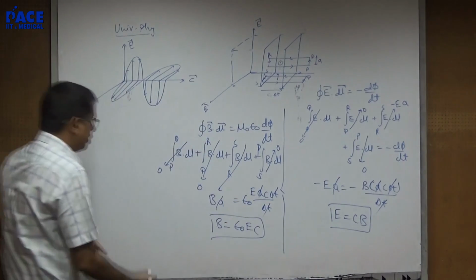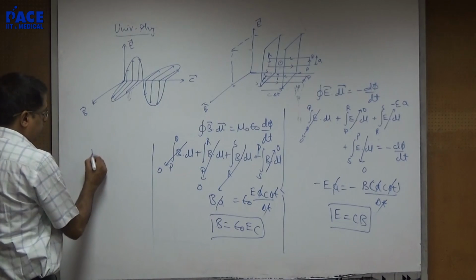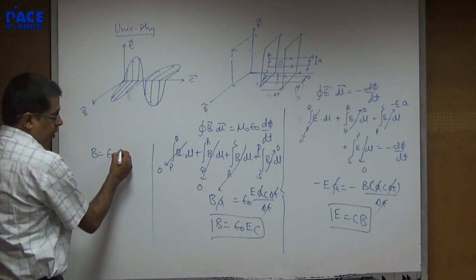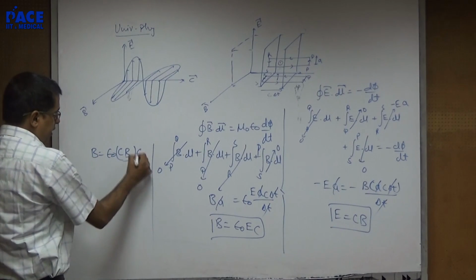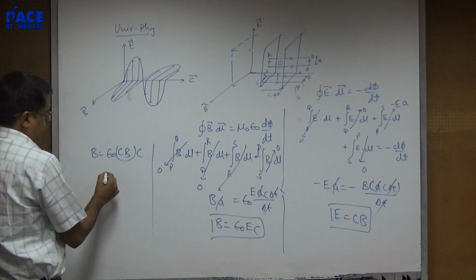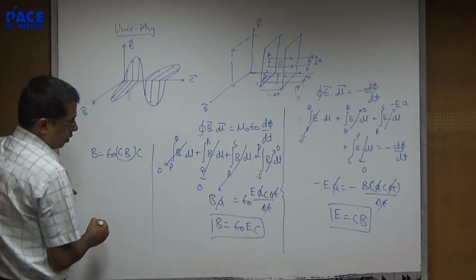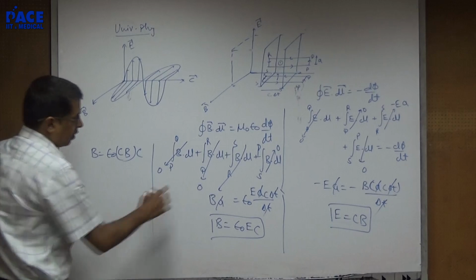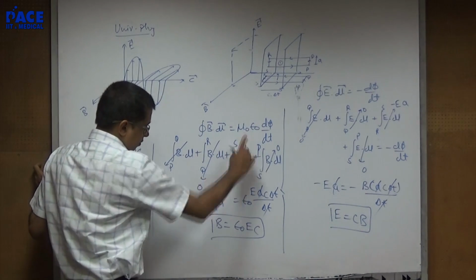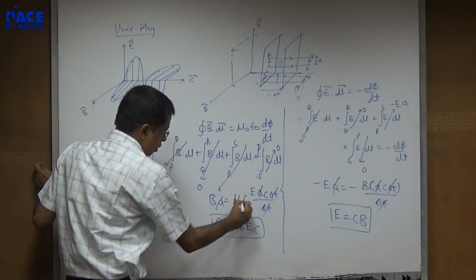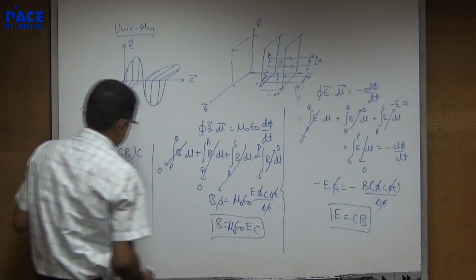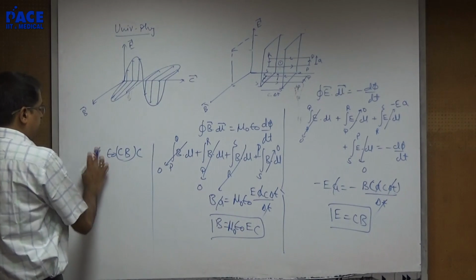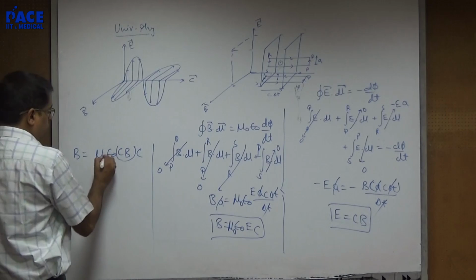Equation 1, equation 2, if I summarize, what do I get? Epsilon naught CB into C. I forgot a mu naught here. And hence I will have B is equal to mu naught epsilon naught CE.